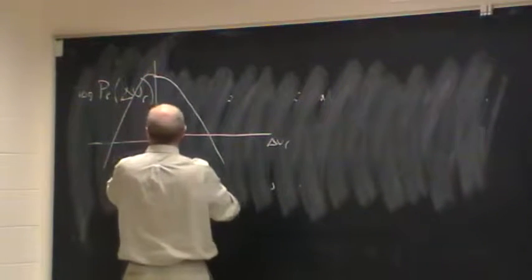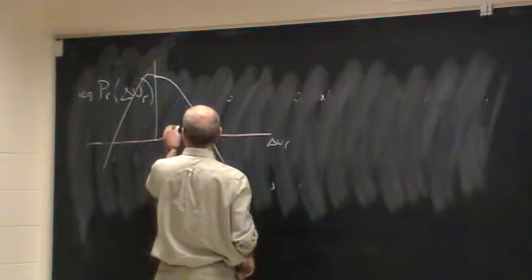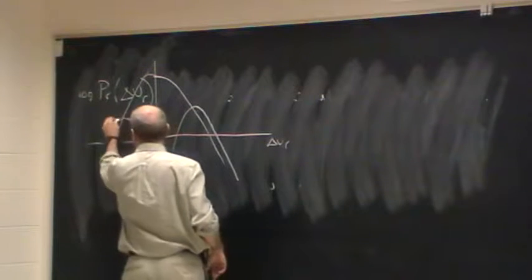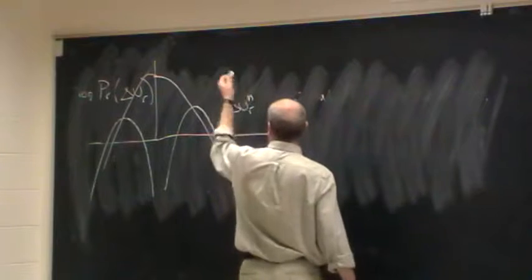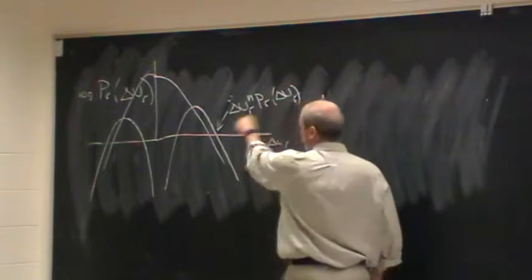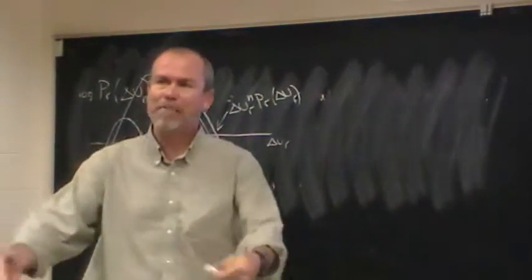And then the thing you're actually computing is an integral of delta U sub r to the n times P_r of delta U sub r. If you integrate that, you get that answer. It's a moment of that probability distribution.